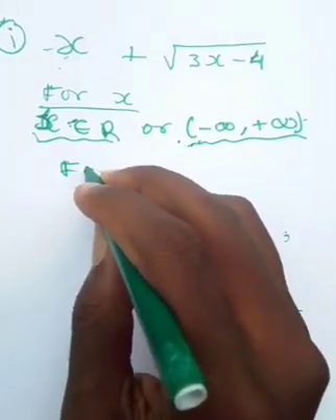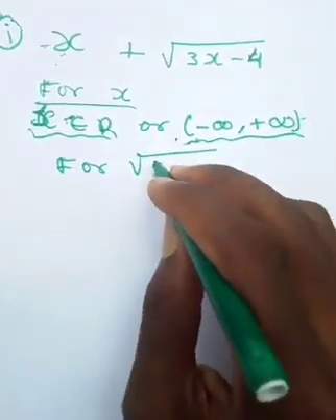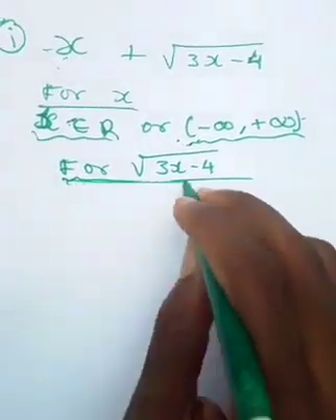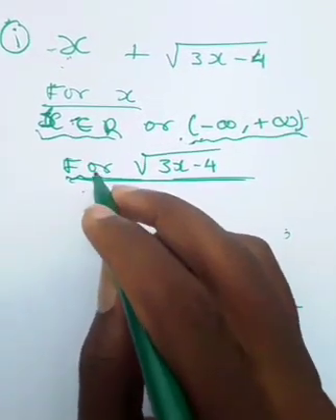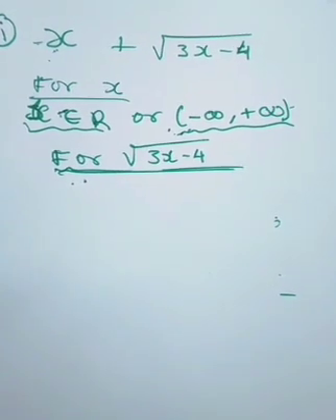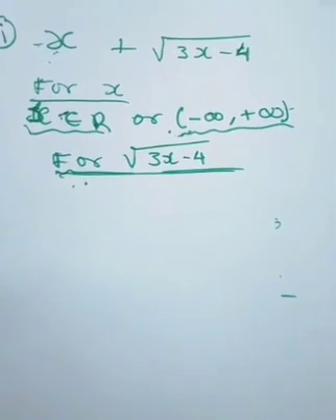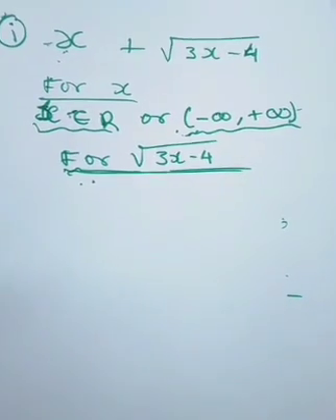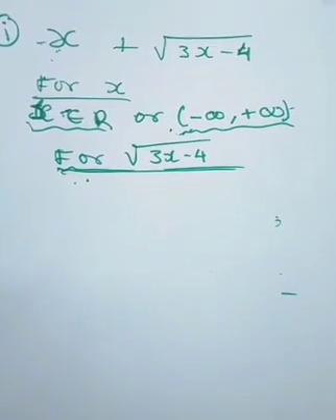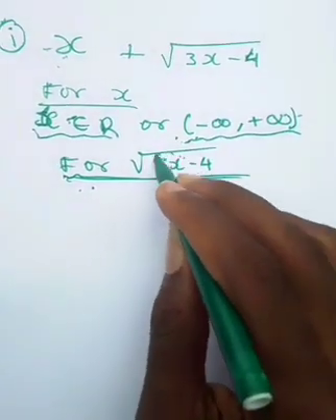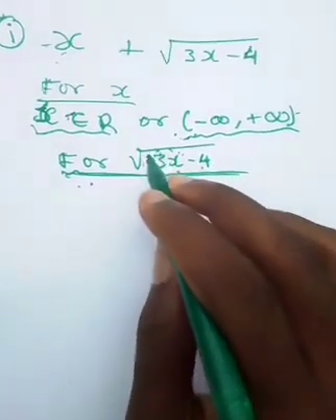And then let's find the domain for the square root of 3x minus 4. Remember, whenever you're finding the domain for anything involving roots which are even, like square roots or fourth roots, whatever is under the root can never be less than 0.